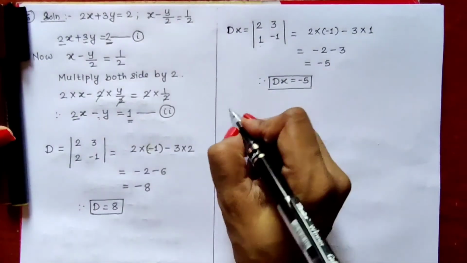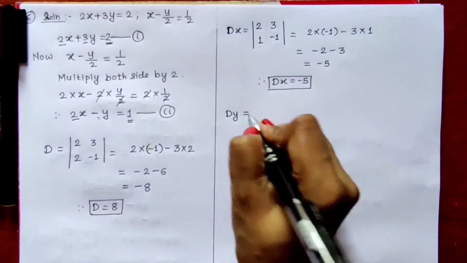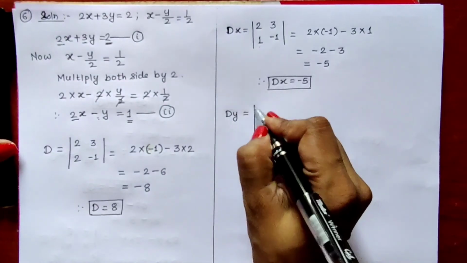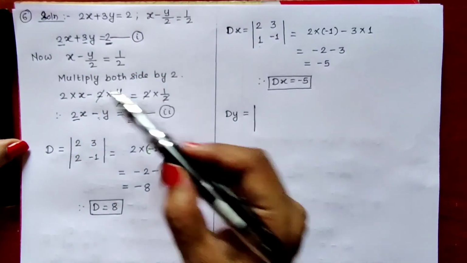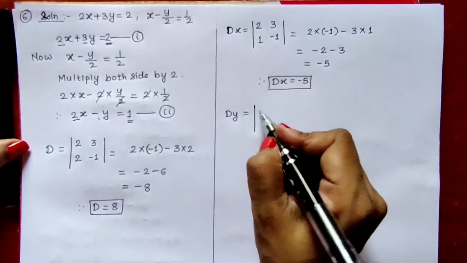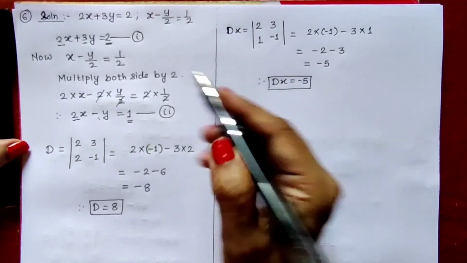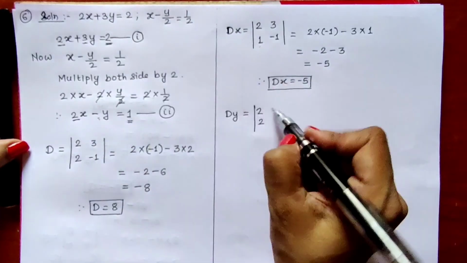Now let us get the value for Dy. Dy is equal to coefficients of x. We should not write coefficient of y now. 2 and 2 are the coefficients of x, and then we will have to write the constant terms 2 and 1.